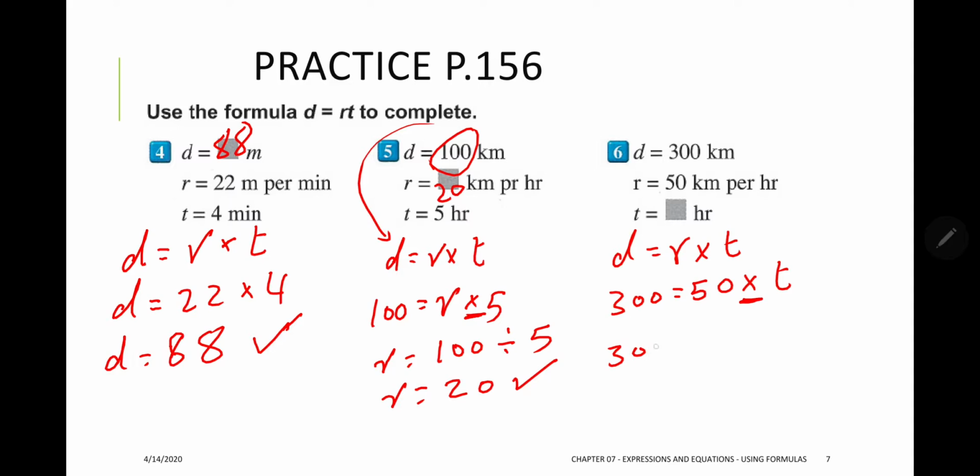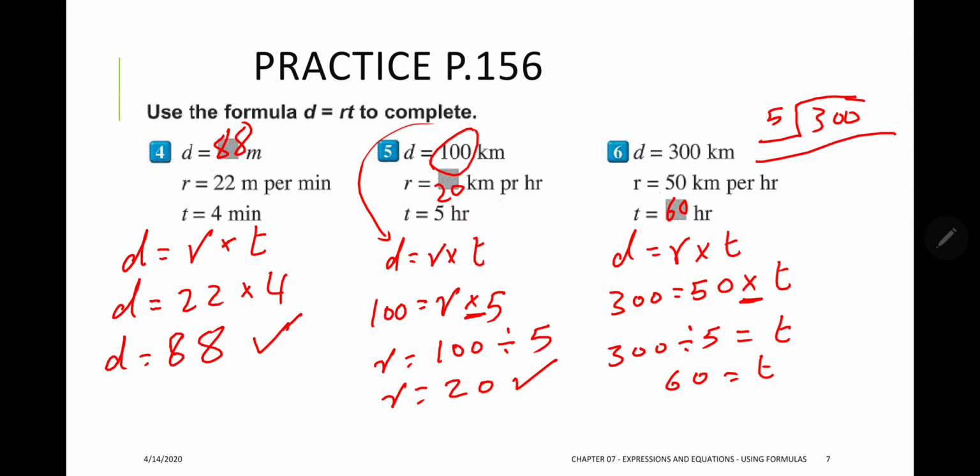So we have 300 divided by 50 is equal to T. Now, finding that result, you can use long division. I know it's 60, but you can use long division this way. T is equal to 60.